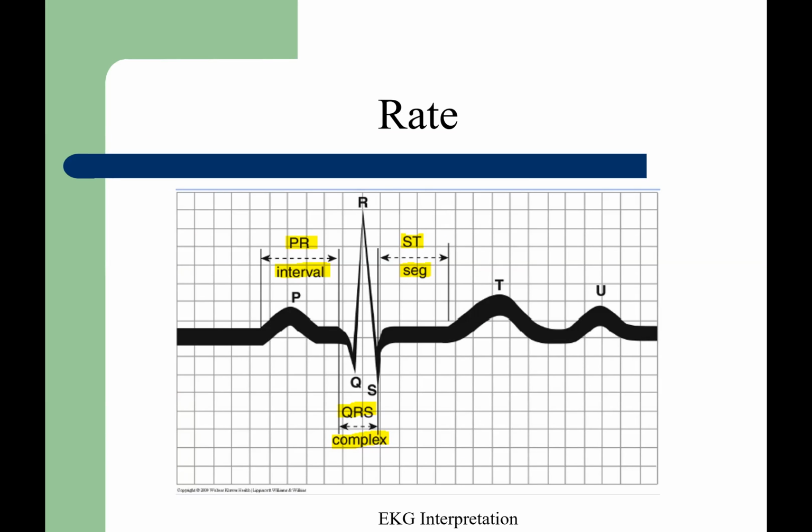So here's our close-up look: the beginning of the P wave to the beginning of the QRS, that is our PR interval. The beginning of the QRS to the end of the QRS, that's our QRS complex. And our QT interval is the beginning of the QRS to the end of the T wave.